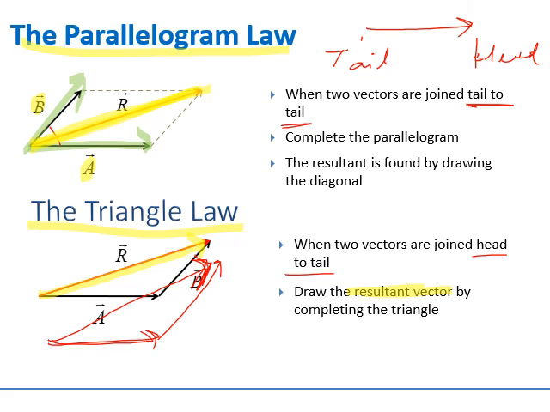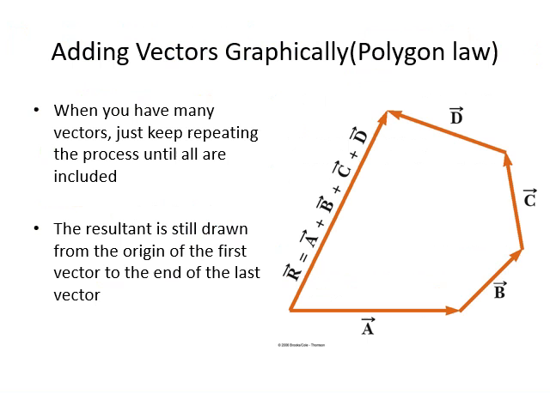So this was the order of the vectors in the triangle, but this vector is in the opposite direction. You're not taking the direction in this one for the resultant; you have the direction of this one for the resultant. So this is how we get the resultant by using the triangle law and parallelogram law.